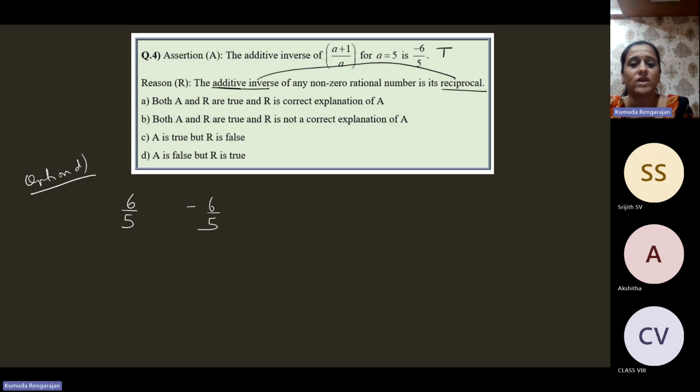What's the other term for additive inverse? Ma'am, reciprocal means we are changing the number. I want the other term, I don't want the explanation. What is the other term for additive inverse? What's the other term?